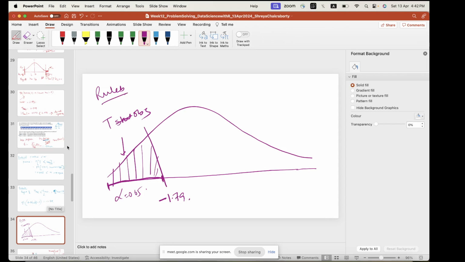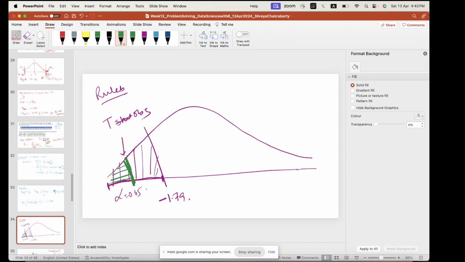Let's say your t observed is lying somewhere over here, in this green point I am showing. The area below this point is this much.